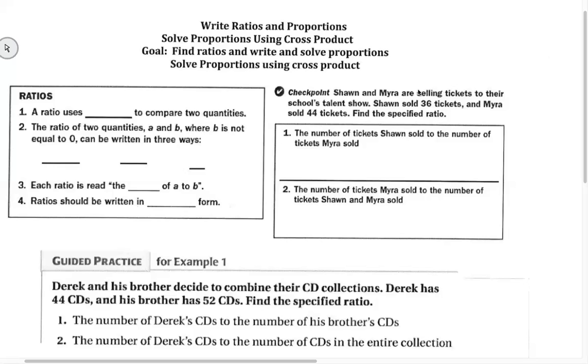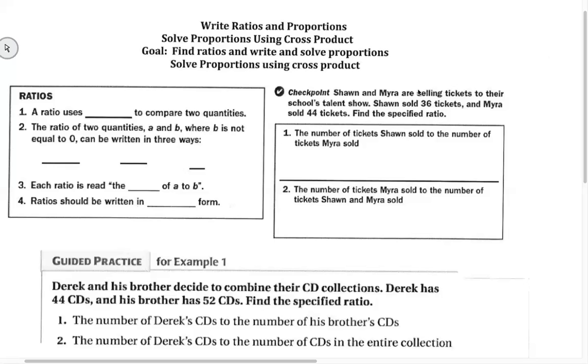Is there another 2 to 7? 2 teachers, 7 students. Make sense? So ratios compare 2 things, right?